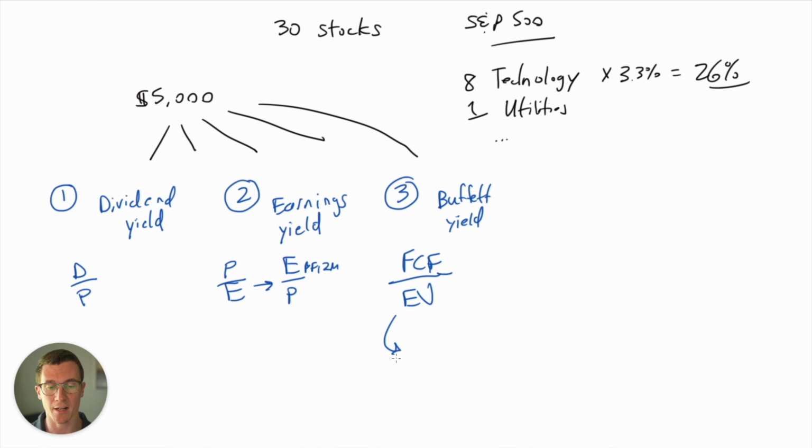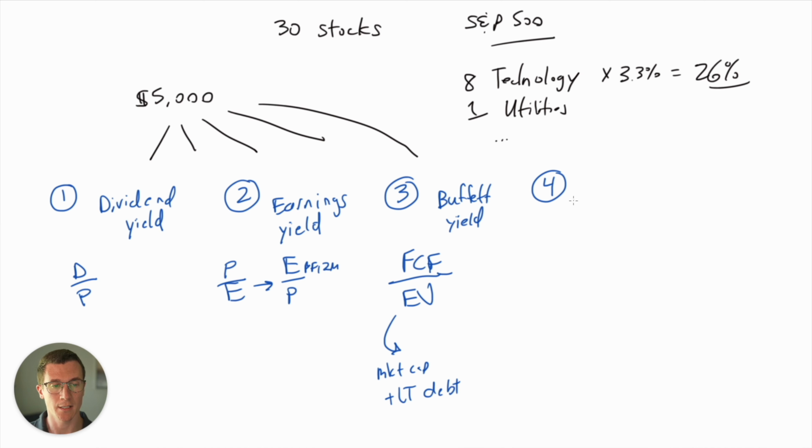And enterprise value is the market cap of the business plus whatever long-term debt they have. So in other words, it's like if you bought out the entire business and paid off all of its debt, then you took every dollar of free cash flow out to pay yourself a dividend. This is what effectively your yield would be as an owner.